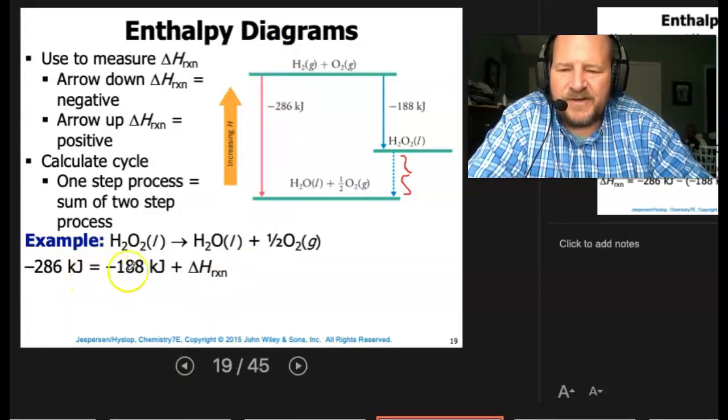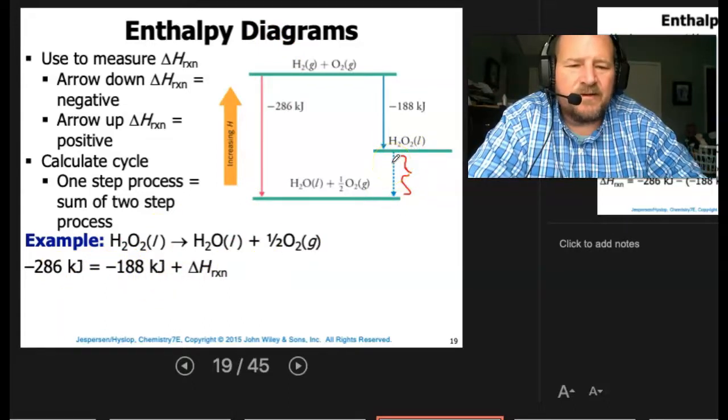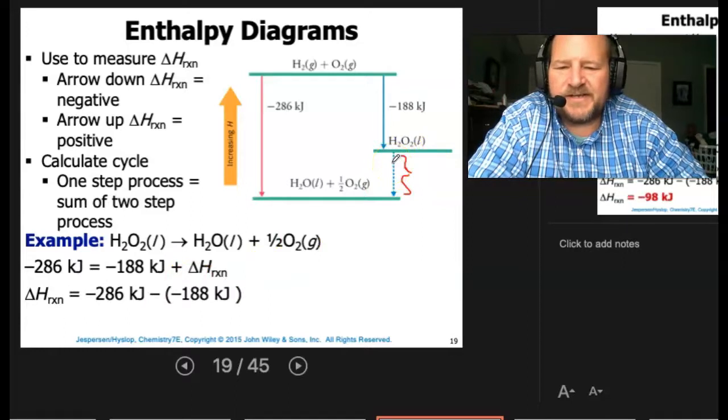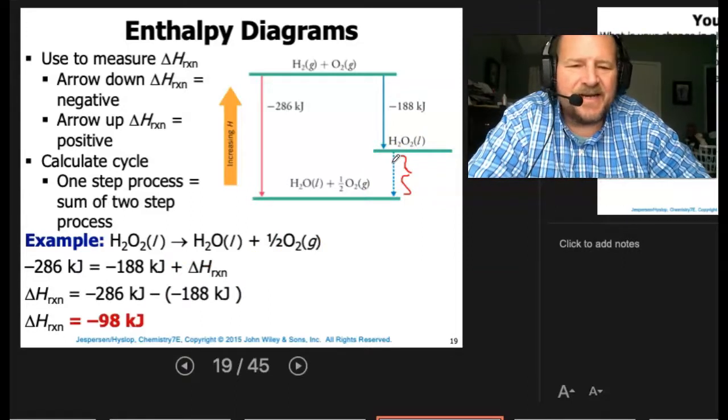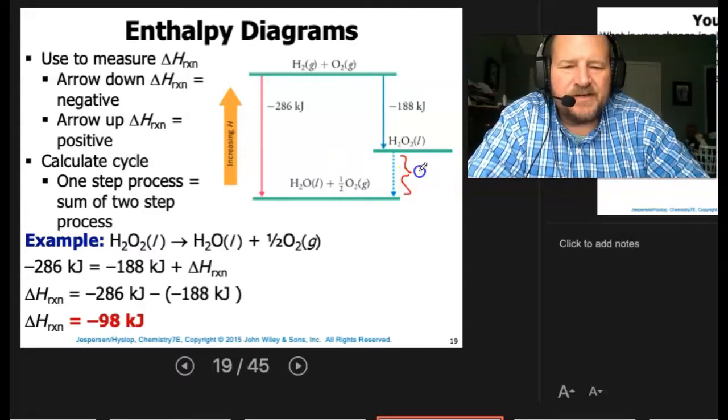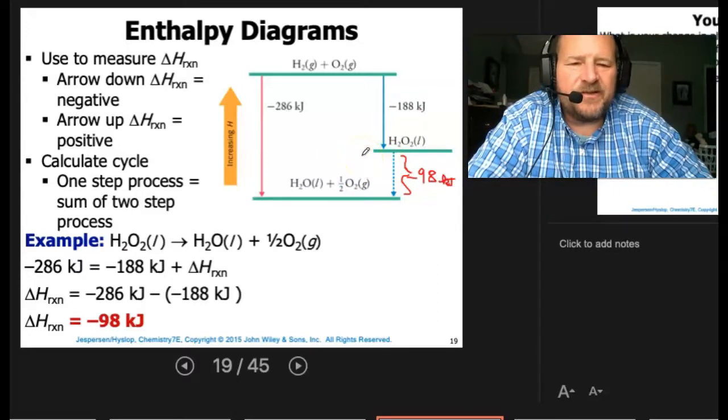We know that's going to equal the negative 188 plus the reaction we're looking for. Okay, so we'll take the negative 286, we'll subtract the negative 188, that gives us negative 98 kilojoules. So this piece here should be 98 kilojoules. All right, so that would be the reason for using the enthalpy diagrams.